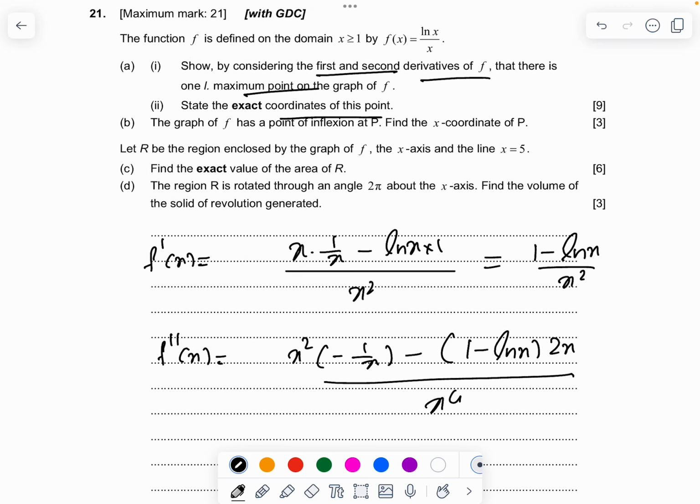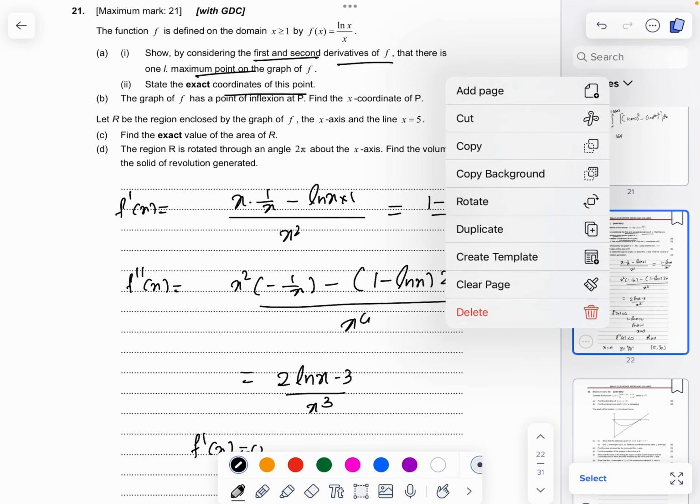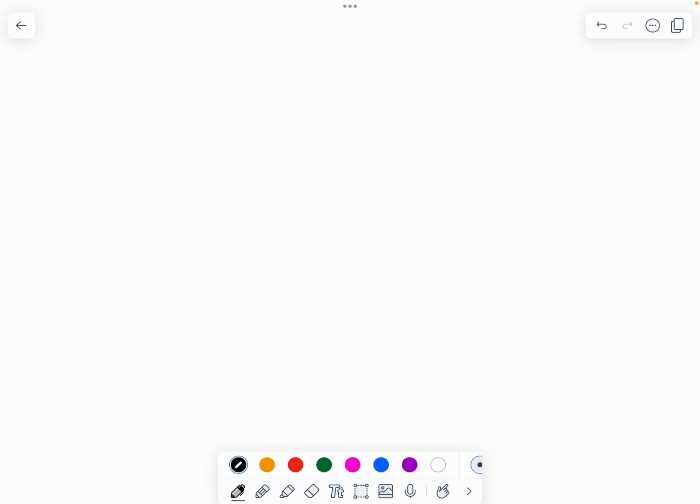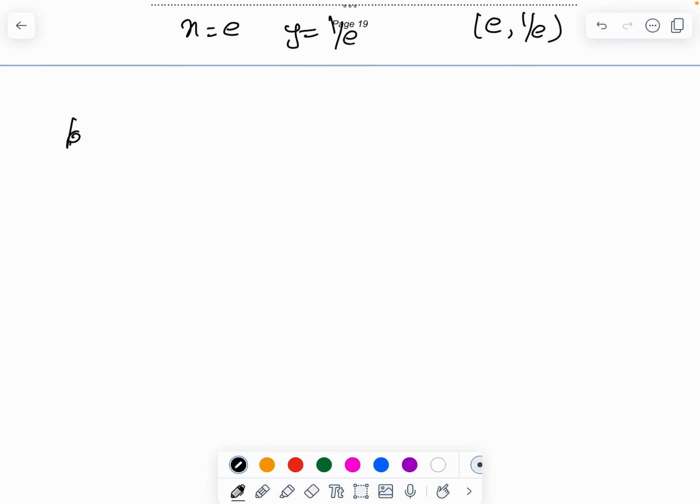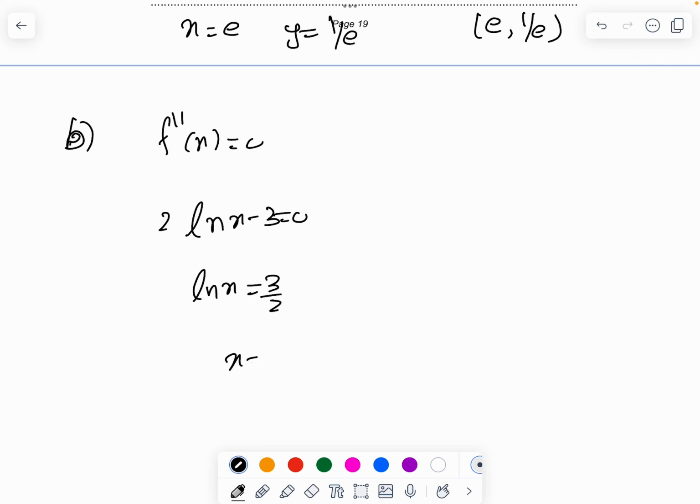Now point of inflection. For point of inflection, second derivative should be equals to 0. So 2 ln x minus 3 should be equals to 0. So ln x equals to 3 by 2. So x equals to e power 3 by 2.